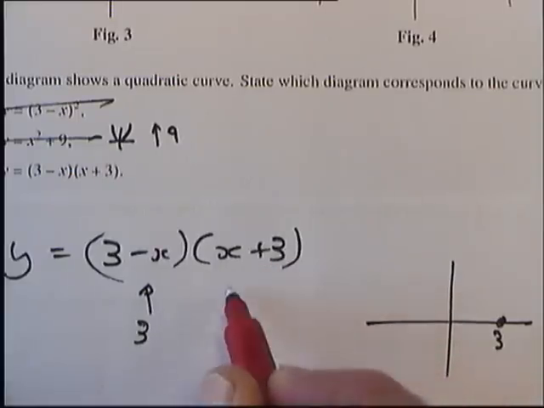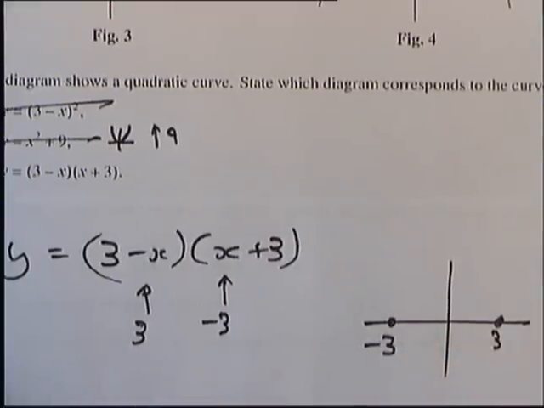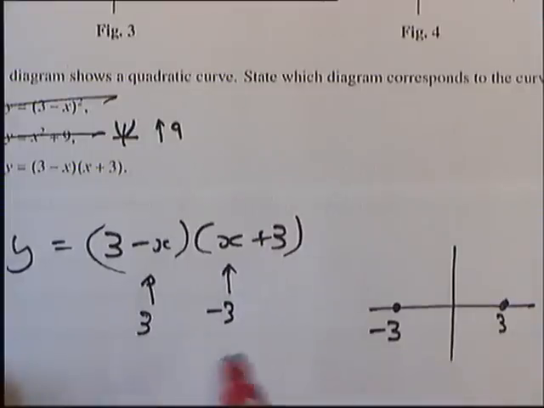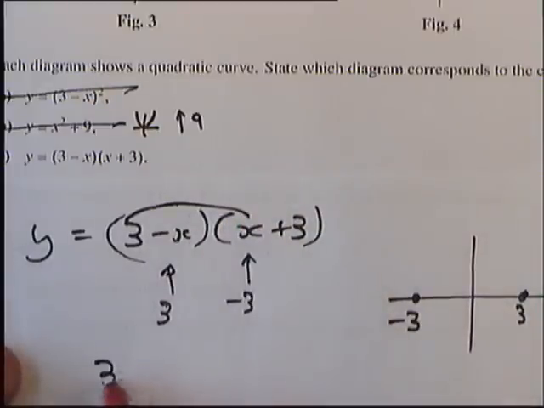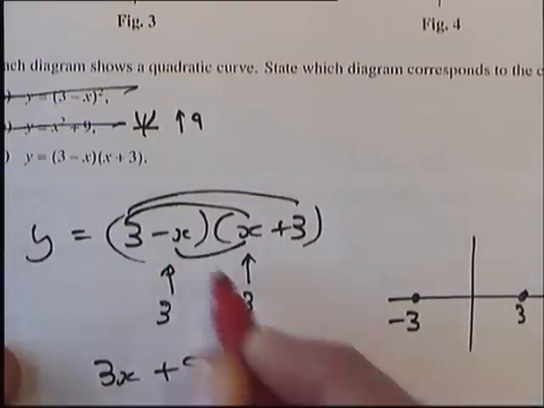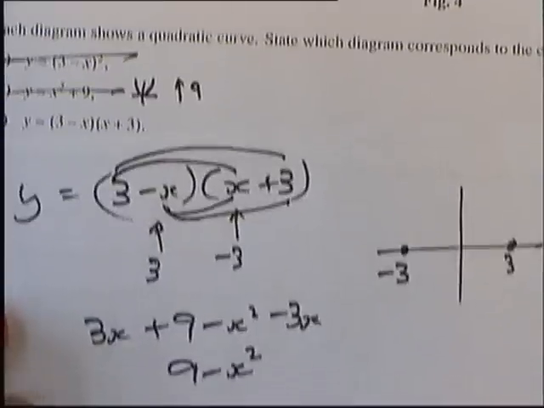Here, what makes this bracket 0 is if that x is minus 3. So this graph also crosses the x-axis at minus 3. And if we multiply this out, we'll get 3x, plus 9, minus x squared, minus 3x. So we're getting 9 minus x squared.